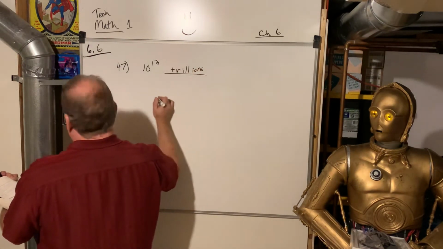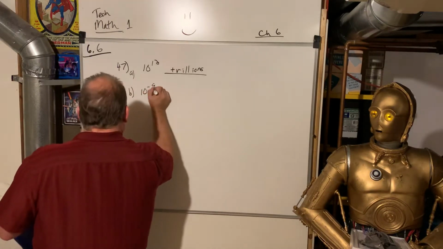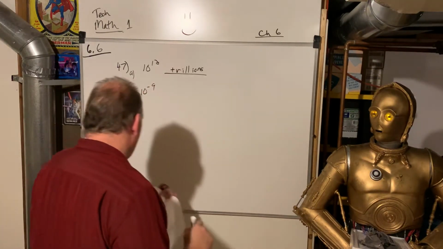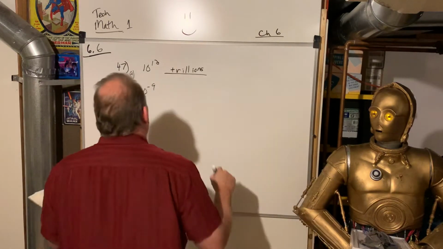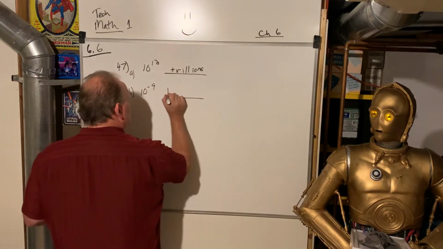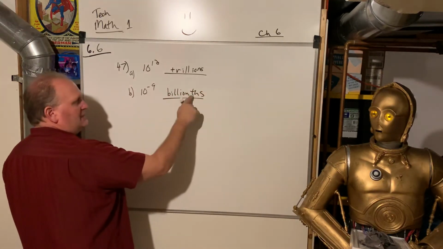And if it's 10 to the negative 9, that would be billionths, because it's negative 9, so that's smaller.